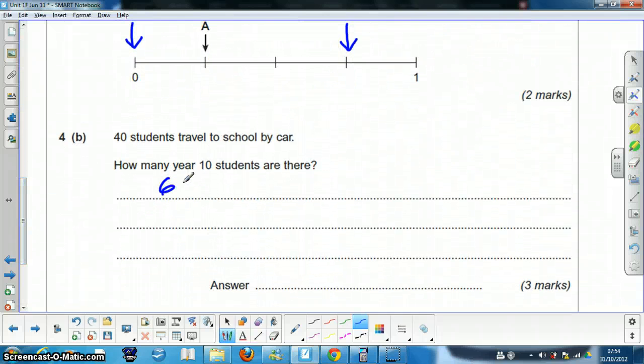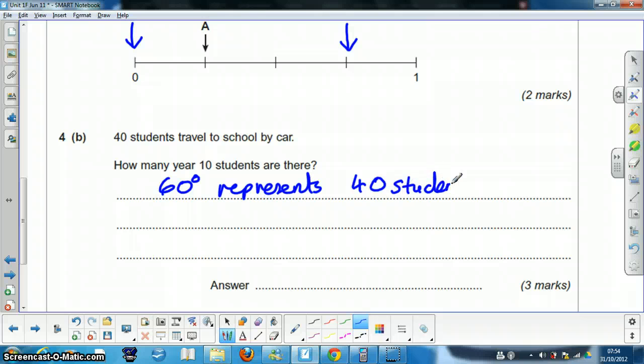So 60 degrees represents 40 students. So how many will 360 degrees represent? Well, here's our new number. If you looked at one of the videos about how to use fractions for proportion, here's what we do.